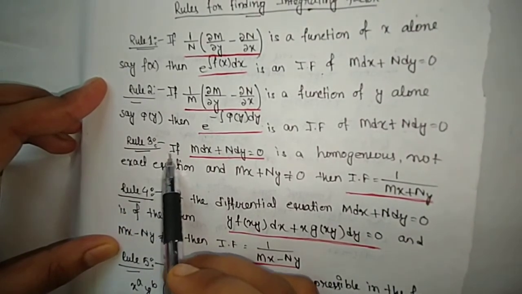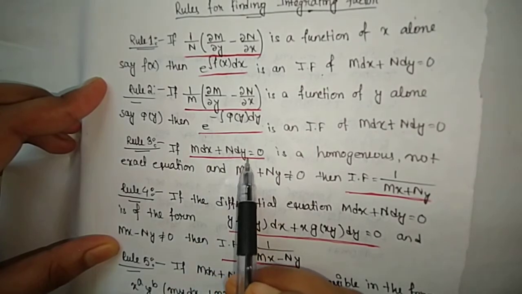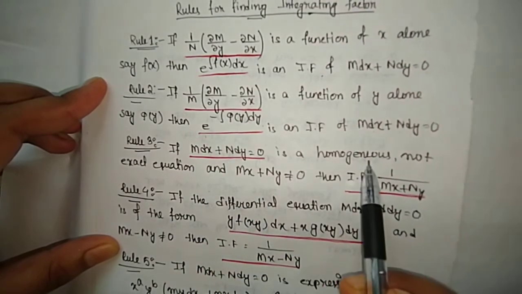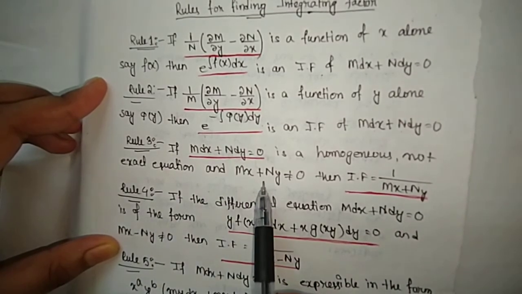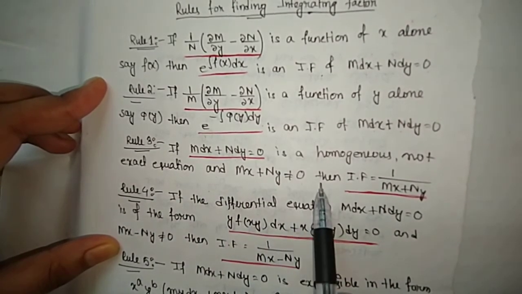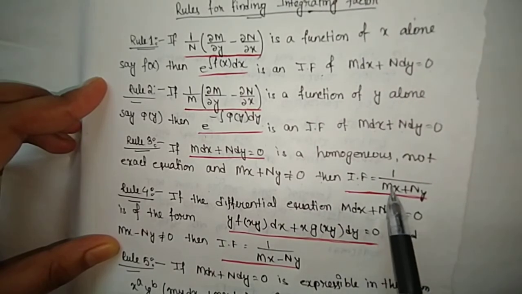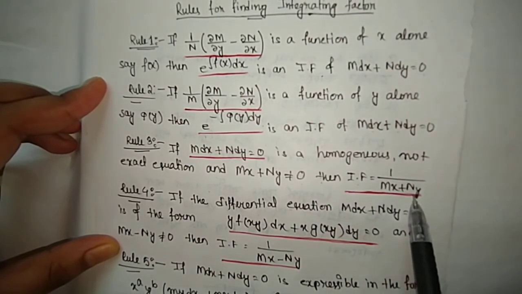Rule number 3: if M dx + N dy = 0 is a homogeneous non-exact equation and Mx + Ny ≠ 0, then the integrating factor will be 1/(Mx + Ny).